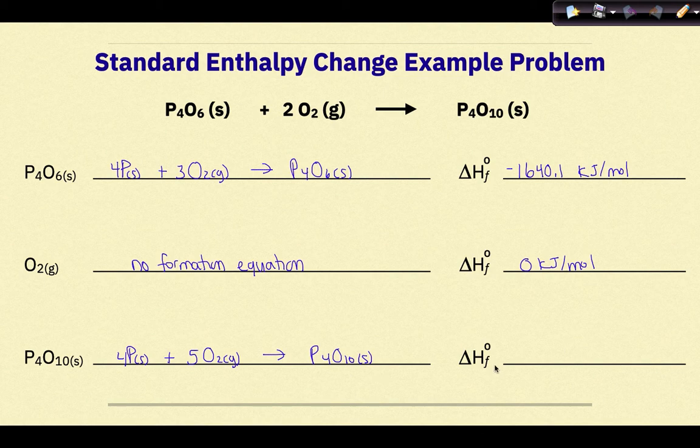And then I would go to my reference text and I would look up the heat of formation for P4O10, and that is negative 2,984 kilojoules per mole. Now that I have these heat of formation reactions, I can combine them together to figure out my overall heat of reaction.